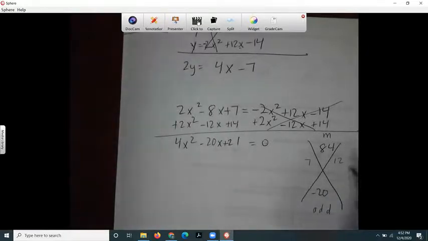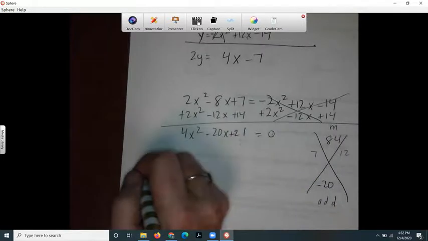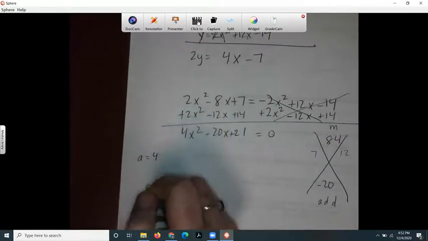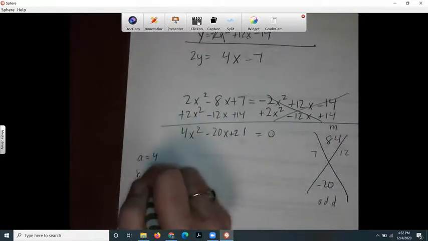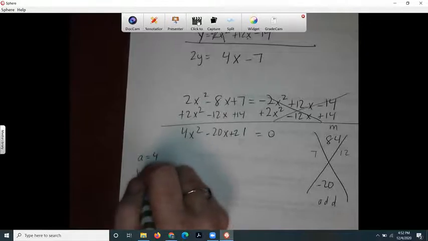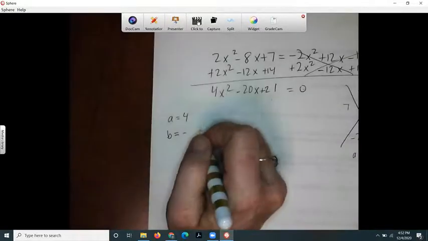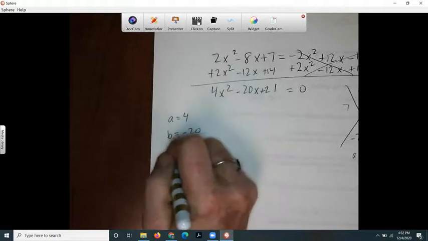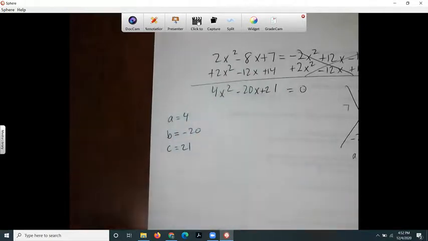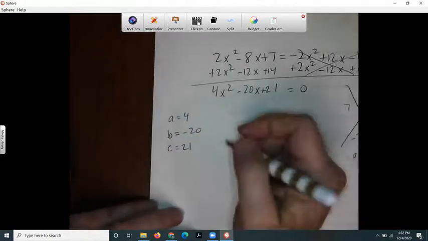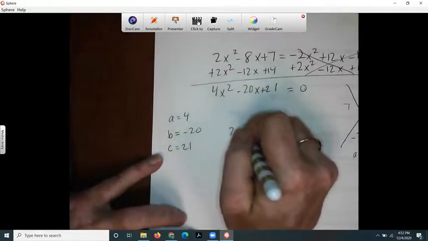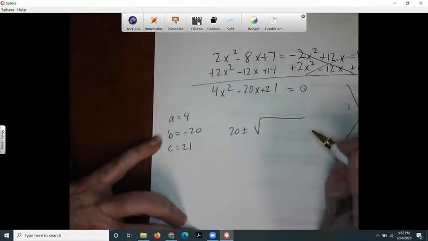I think I'm going to use quadratic formula. I think it can factor, but I think it might take a little too long if I do it like that. So negative b plus or minus square root b squared.